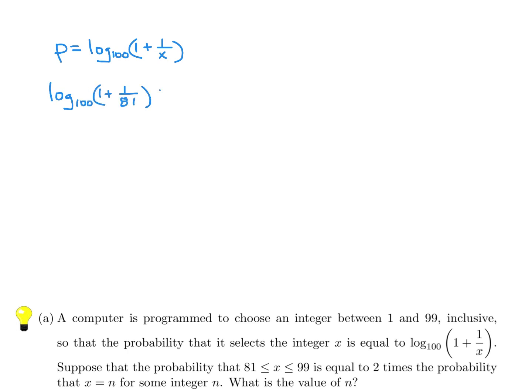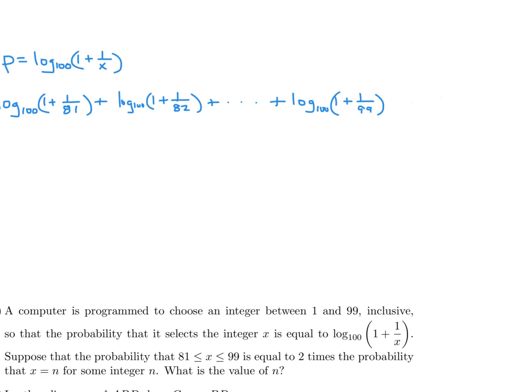The probability that a number chosen is 82 would be the log of 1 plus 1 over 82 to the base 100. The probability that something is 83, well, you get the point, all the way up until the 99, which would be the log of 1 plus 1 over 99 to the base 100. Okay, so that is the first part.